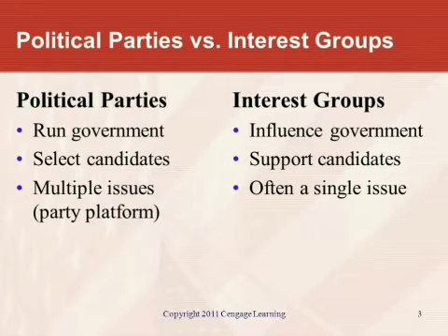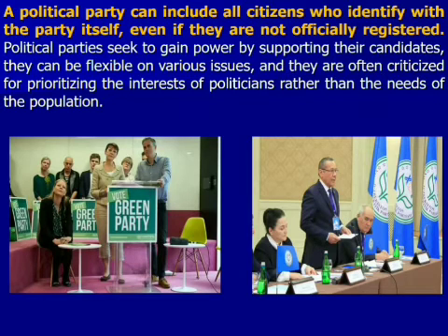Political parties run the government, interest groups influence the government. Political parties select candidates while interest groups support them. A political party can include all citizens who identify with the party itself, even if they are not officially registered. Political parties seek to gain power by supporting their candidates.